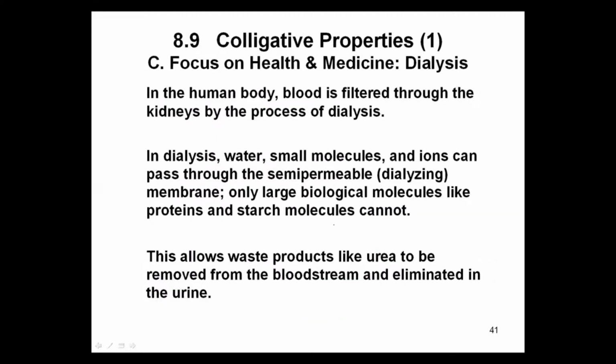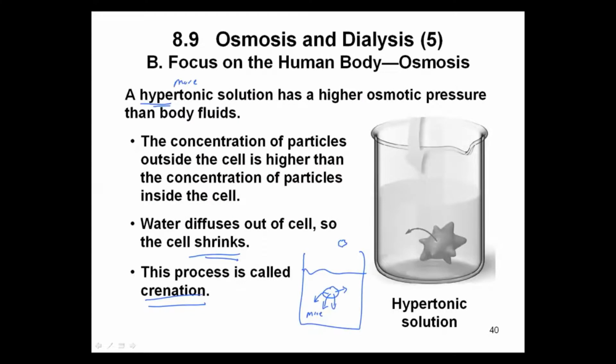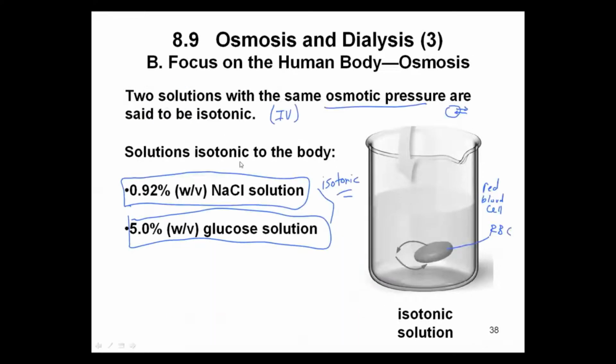So how do we know what is what? We can use these numbers that we saw earlier to help us determine, is it hypotonic or hypertonic? So for example, if I put a red blood cell in the following solutions, let's say we put it in 10% glucose. Let's say we put it in 0.4% sodium chloride.